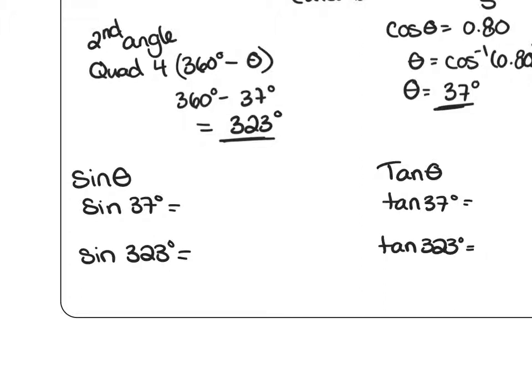Now, we are expecting that because between 0 and 90 all of them are positive, so for sine 37 and tan 37, I should get a positive answer. But for sine and tan of 323, that's where cos was positive, so we should get negative answers for those ones. And you can just plug that in.